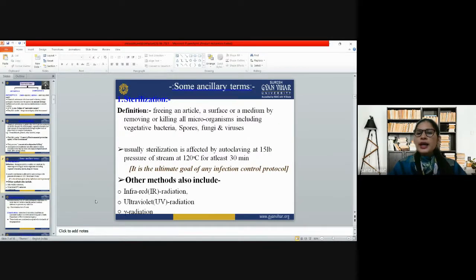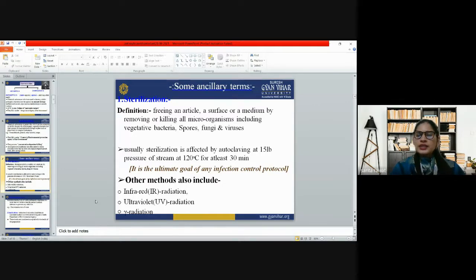Now, some ancillary terms come very commonly while we study disinfectants and antiseptics. These are terms which come again and again, and they are very useful, and we have to know about them.